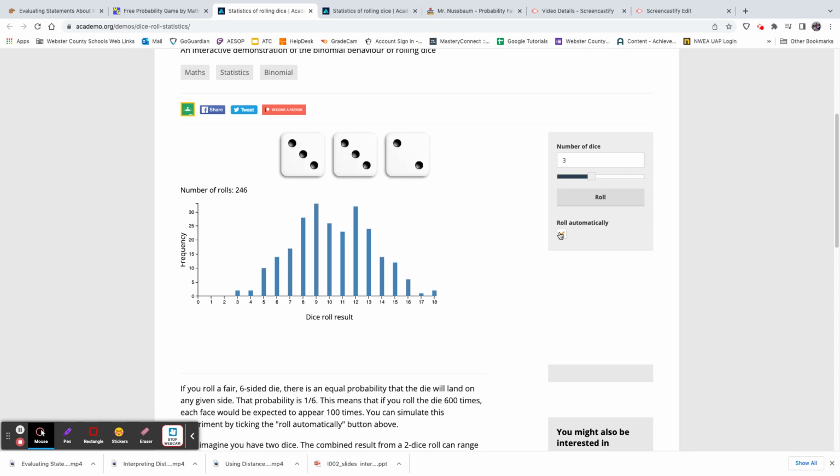So if you keep letting this run, and to figure this out, you'd probably have to look at all the different ways you could get a 9, all the different ways you can get an 8 and a 12, and then figure out which one of those ends up coming out the highest. To me, it seems like 9 must be the one that comes out to be the sum the most often. So that kind of gives you a rundown of the difference between theoretical and experimental.